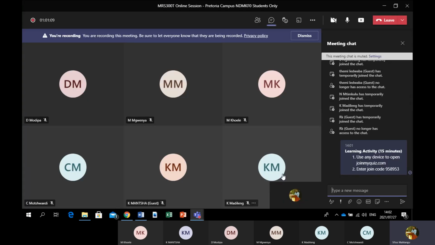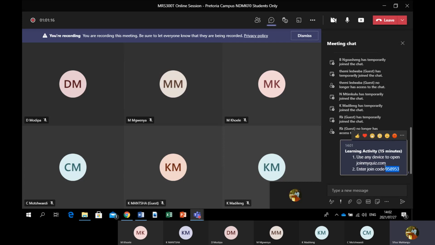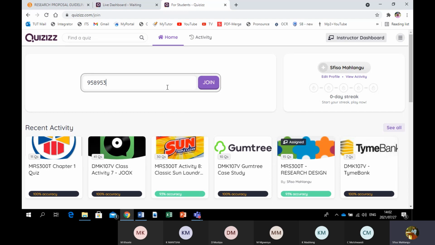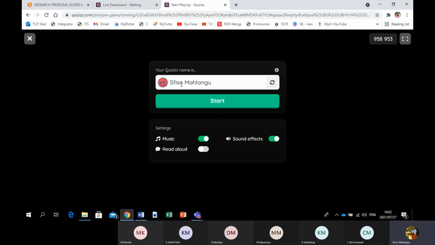It's pasted in the chat box, so you take that game code and paste it there, or you write it down and then enter it. As soon as you join, it's going to ask for your nickname. And then you can press start. You can select if you don't want music and sound effects there.